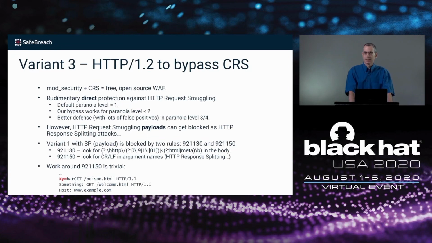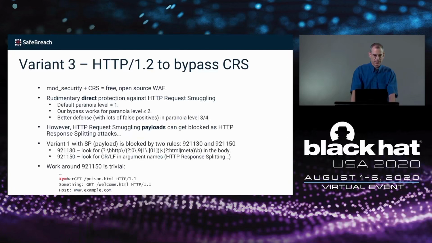So let's look at it. Let's review what the challenges were and how we overcame them. The problem with ModSecurity plus CRS is that our HTTP request smuggling payloads got blocked by the HTTP response splitting attack rules.